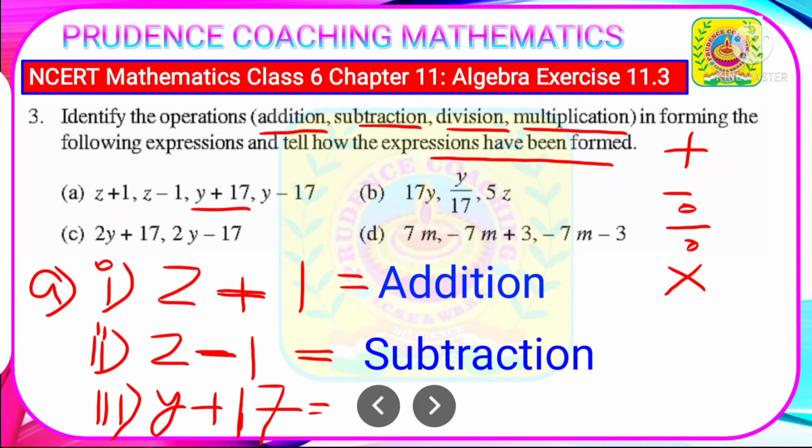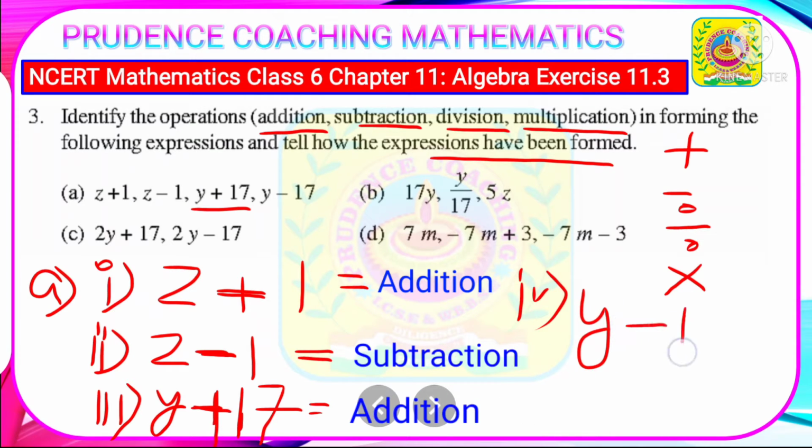Between this variable and the constant we have the symbol plus, which means addition. Therefore the operator used here is addition. Number 4 is y minus 17. So here we are using the symbol, that is subtraction, that is minus sign.